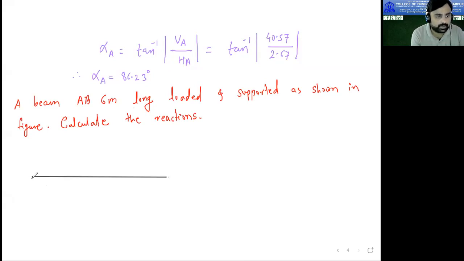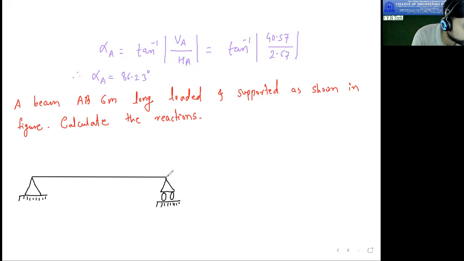So at this point A, hinge support is there. This is the support which is given at this point A. At point B, roller support is given, on a horizontal surface.